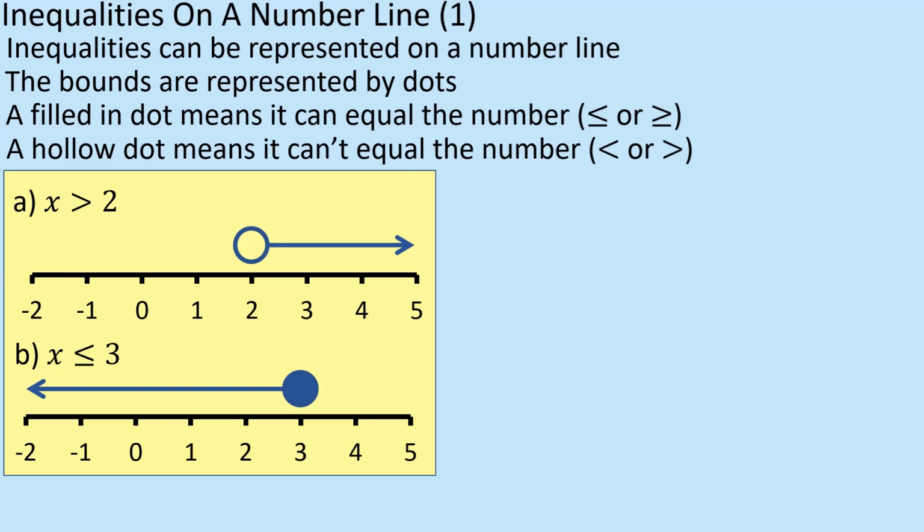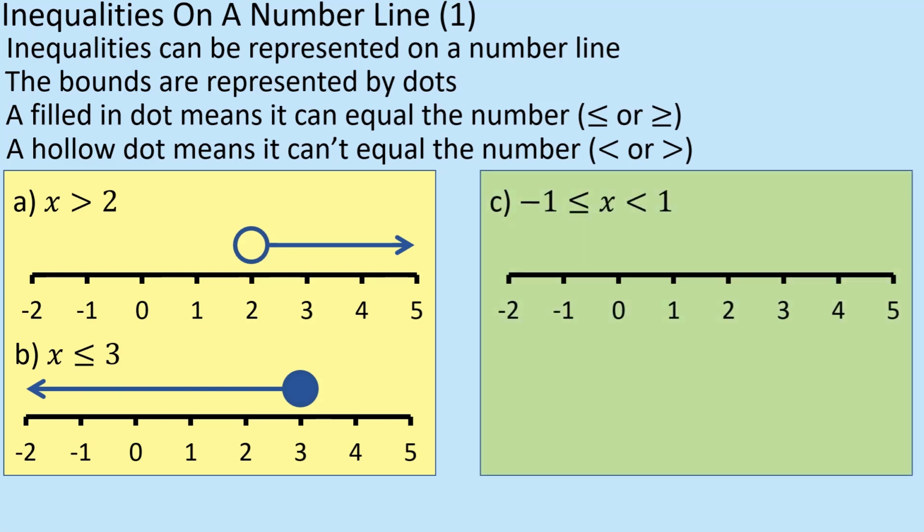All right, let's have a look at some other examples. This is a little bit trickier because we've got two inequalities, and that means my number appears in between two values. How we draw this one is a little bit different. I still need two dots, one at -1 in this case, and one at 1. I need a coloured in dot because it's equal to at -1, and then a hollow dot at 1.